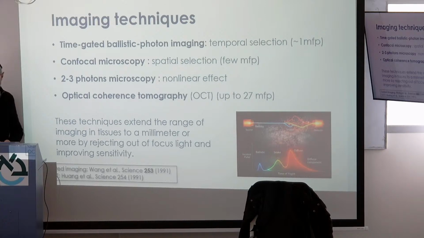We will see that most of these techniques use fluorescence to image what is inside the body. Usually you inject some chemical inside the body, and you expect to see luminescence from the inside of the body through the tissues and through the skin. So that's one approach.